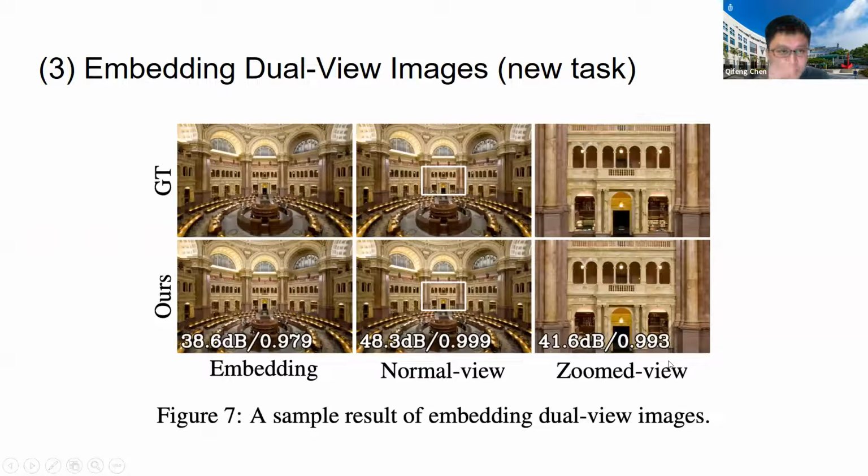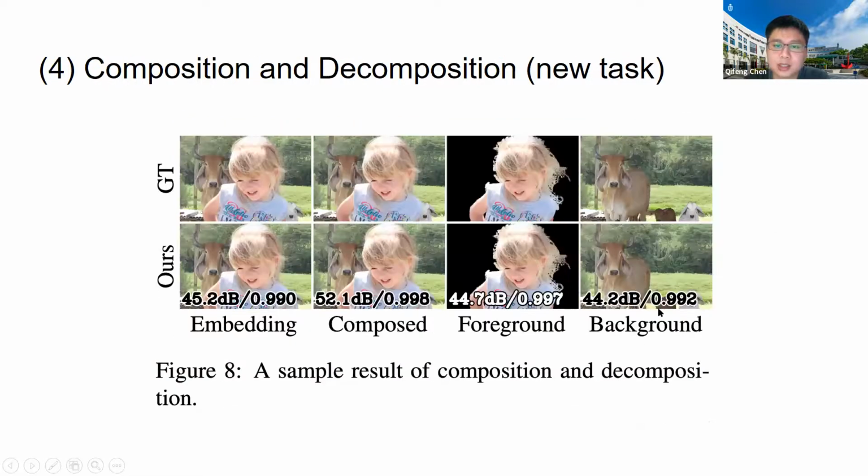So for dual view images, we can also use our framework to reconstruct the zoom in image. And this is a task I find also quite useful. For example, in Photoshop, sometimes we may have multiple image layers, and we do the image composition. After the composition, we basically lose some part of the background information.